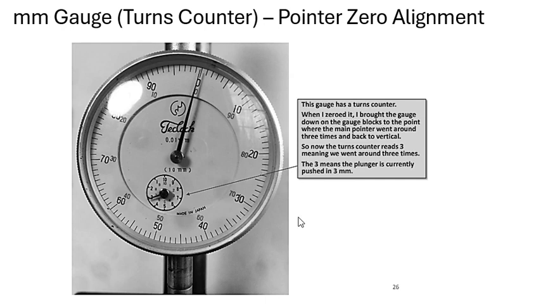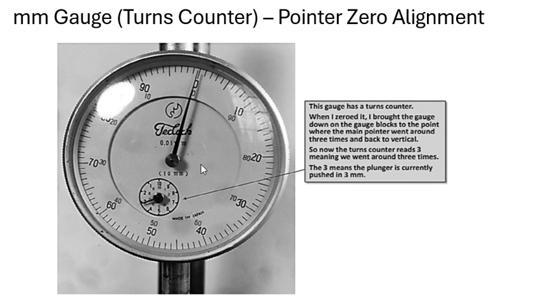This one is a metric gauge. In the metric die gauge, when you look at it, you can see a little turns counter here, which is your little dial right here. And of course, it's going from 0.01 millimeter to 10 millimeter.